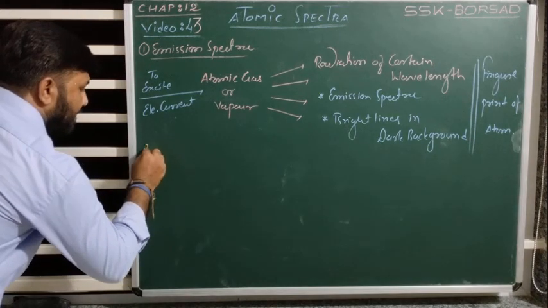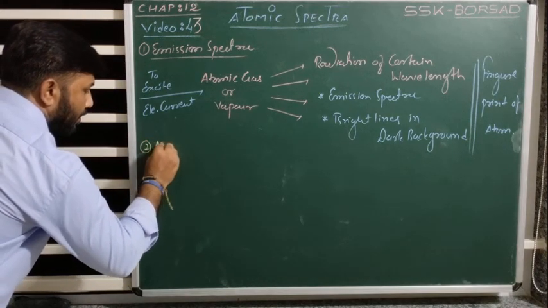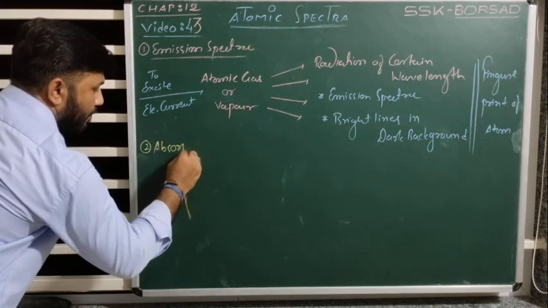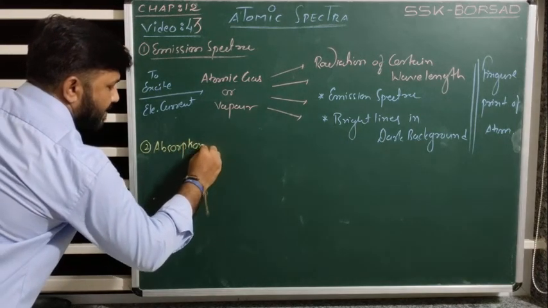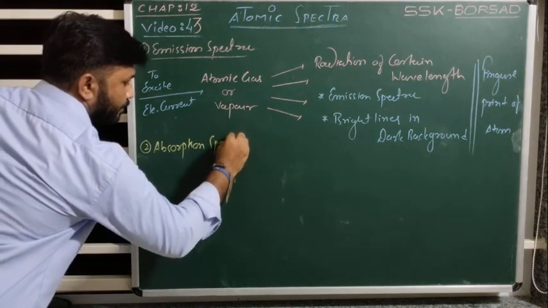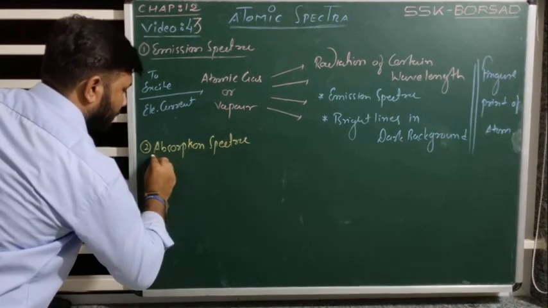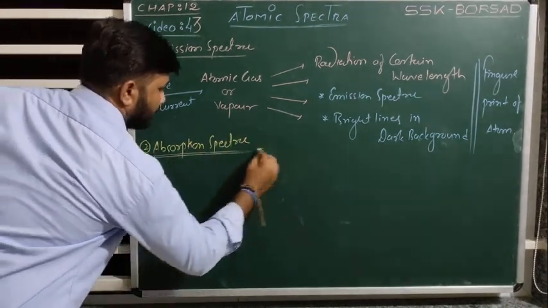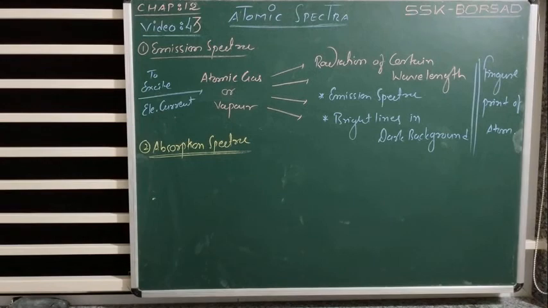Okay. Now let us see the second type. The second type is absorption spectra. In this, what to do? Here, you have to pass white light.